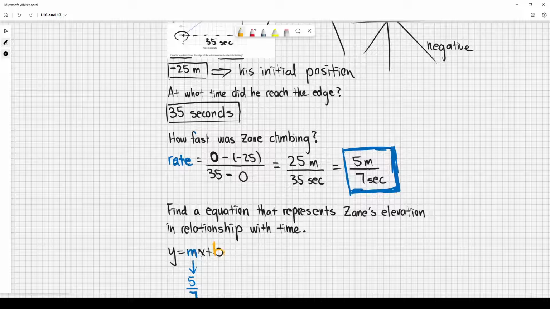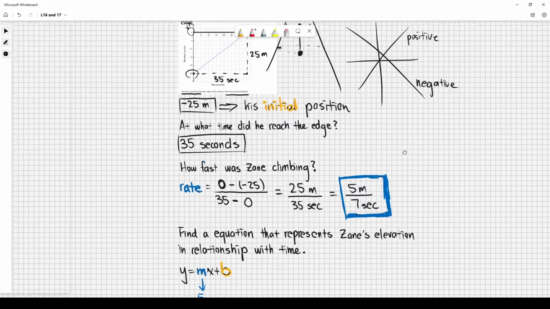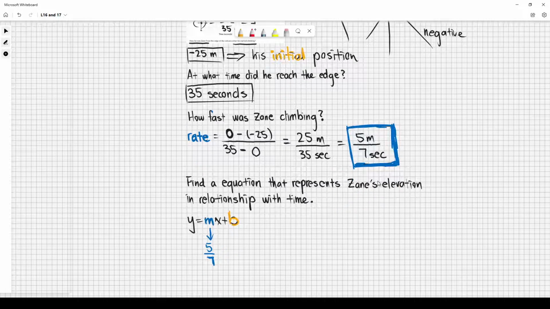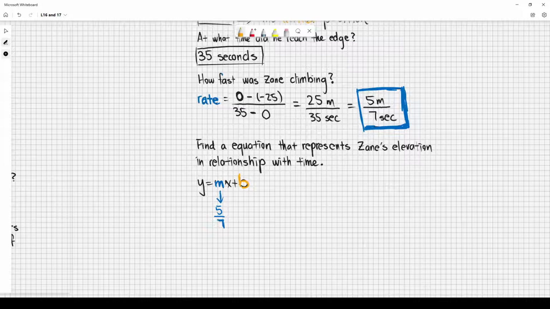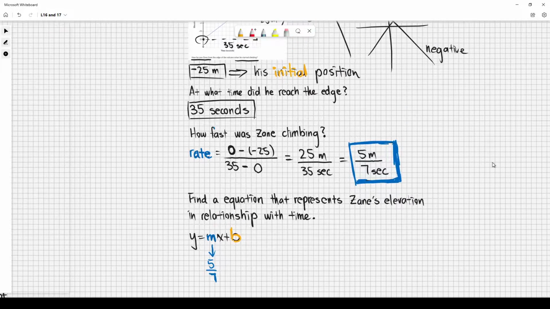Whenever you see something like initial or start or begin, that's an indication of a y-intercept because time is equal to 0. That's why it is a constant b. So b here is negative 25 meters.